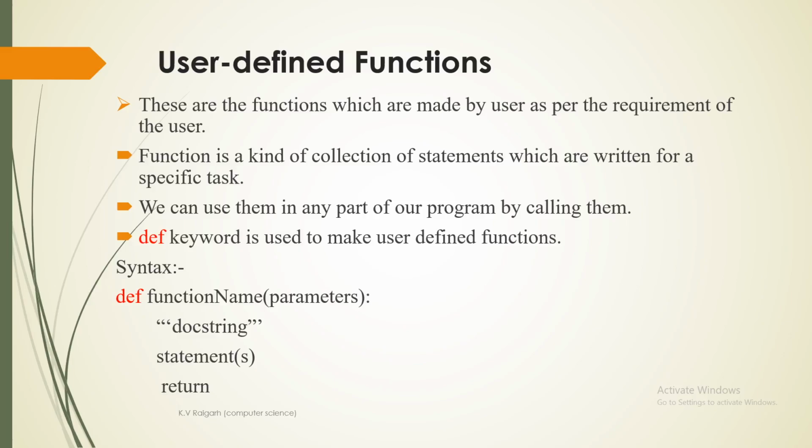It all depends upon the user requirement. If a user wants to return some value from this function, then the user can use this return keyword and return that value. So now we will learn through our practical session how to create our own function. Let's move to Python interactive mode.